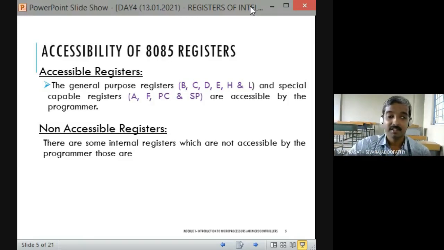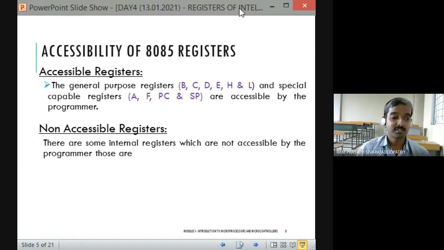Clear? Yes, Kritika Devi typed it; not MIV, it is MVI. Move immediate. MVI A, 27H. She typed an instruction. Clear? So by this you can access the accumulator register. But non-accessible registers you cannot specify in your instruction.